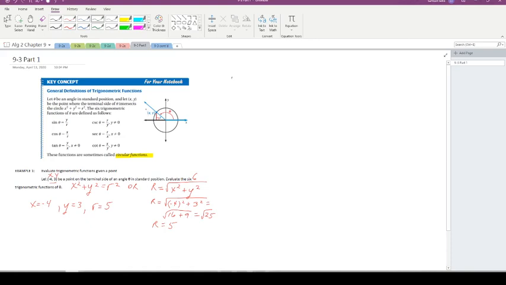So this is negative 4 in this case, which we can write as negative 4, comma, 3. That's all we're doing there. So let's find the functions. Let's erase this, and if it doesn't erase, that's okay. We'll just write in green under it.